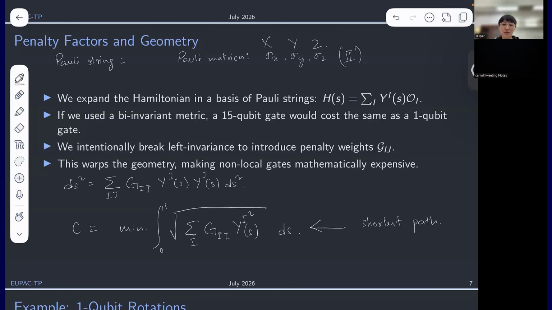We are just searching for the length of the shortest path, and we say the length of this path is the complexity of whatever unitary we want to perform.